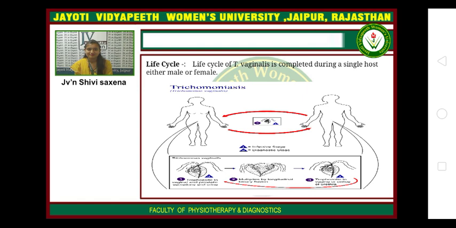Pathogenesis. T. vaginalis particularly infects squamous epithelium and not columnar epithelium. It secretes cysteine proteases, lactic acid and ethanoic acid, which disrupt the glycogen layer and lower the pH of the vaginal fluid.